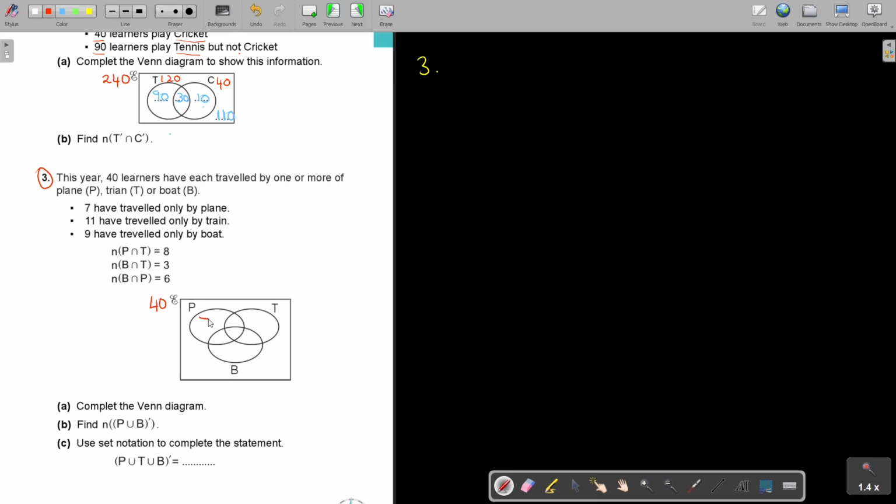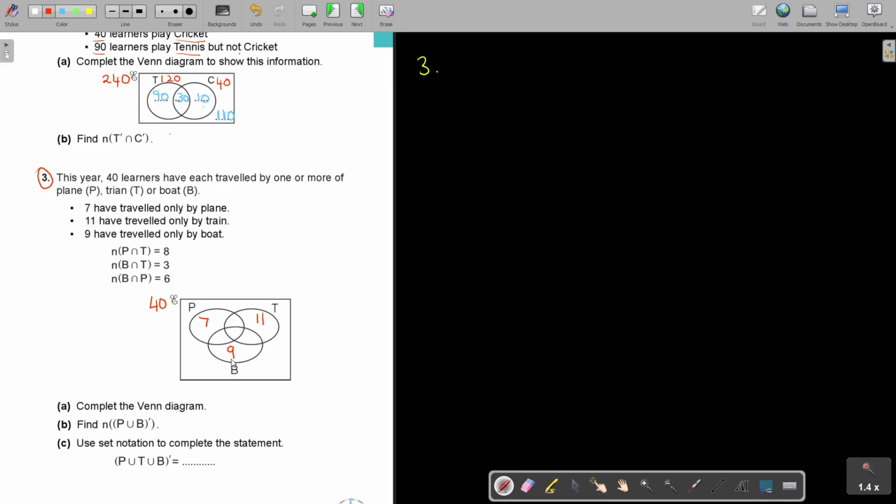Okay, so I know already that's 7. 11 have traveled only by train. So I know that's 11. 9 have traveled only by boat. 9.